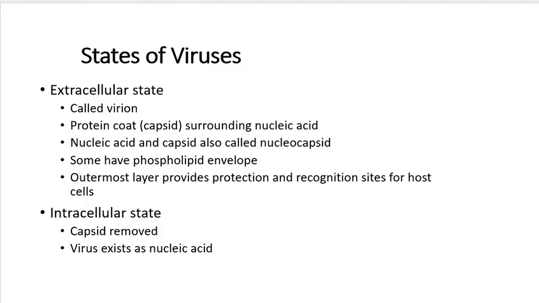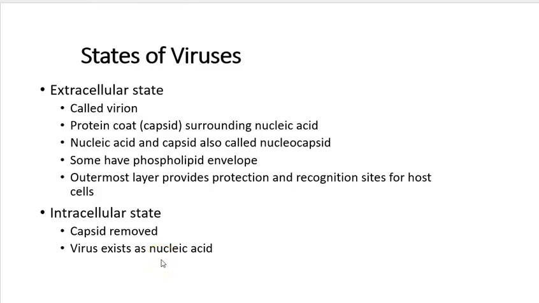If you've got an envelope, it makes it fairly easy to kill because, once you remove the envelope, the virus is dead, as we mentioned before. So it's the outermost layer that provides recognition sites that allow it to attach to the host cell. It also protects the virus.